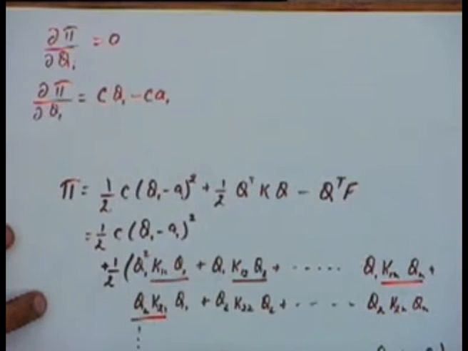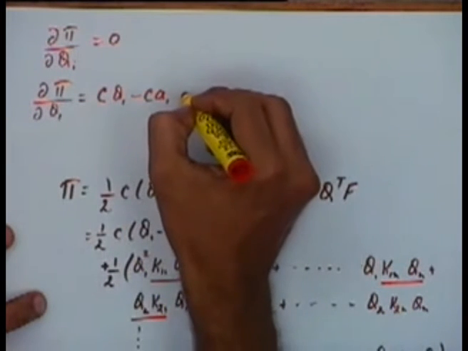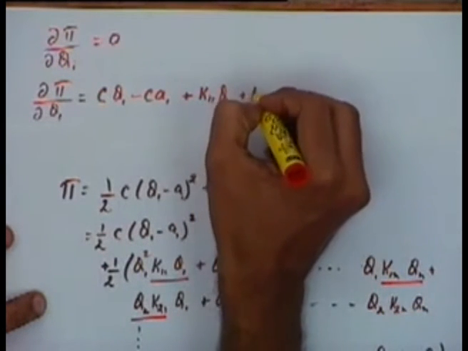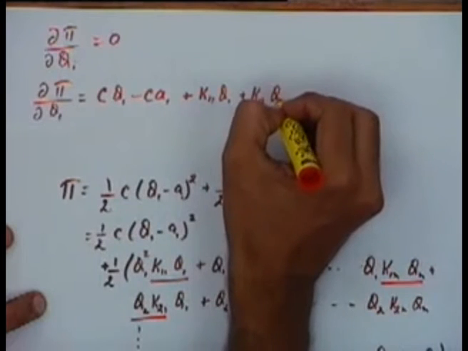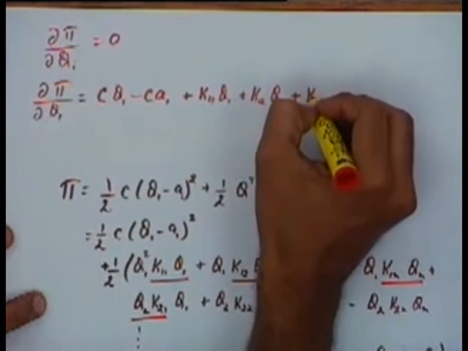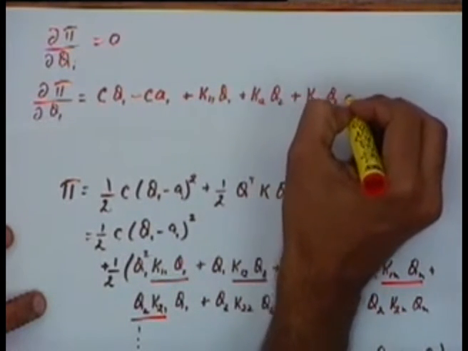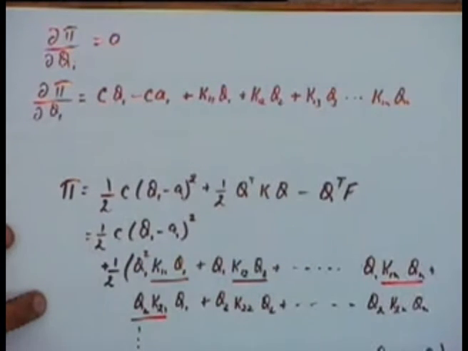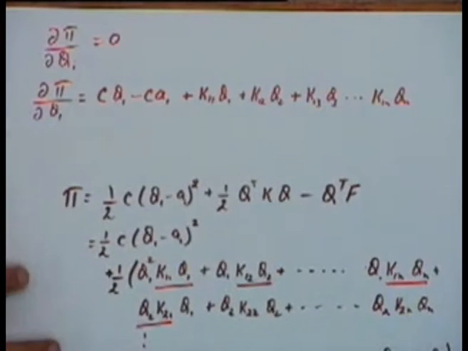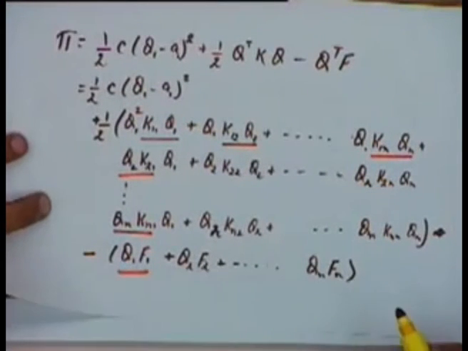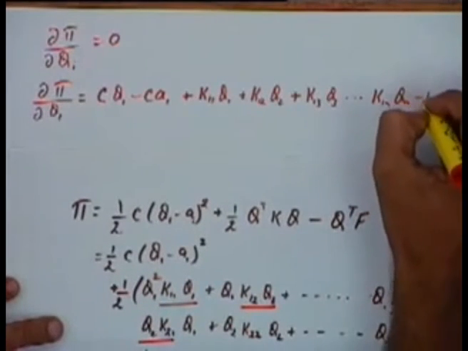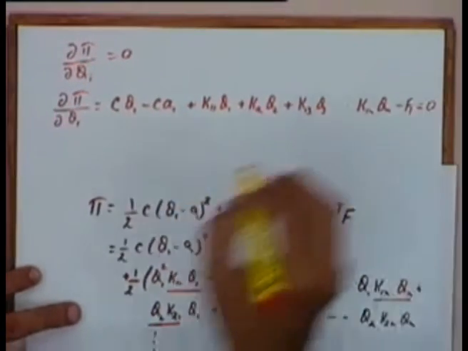The terms from here will give me k11 q1 plus k12 q2 plus k13 q3, so on up to k1n qn. And then this term will give me minus f1. So this minus f1 will be equal to 0.